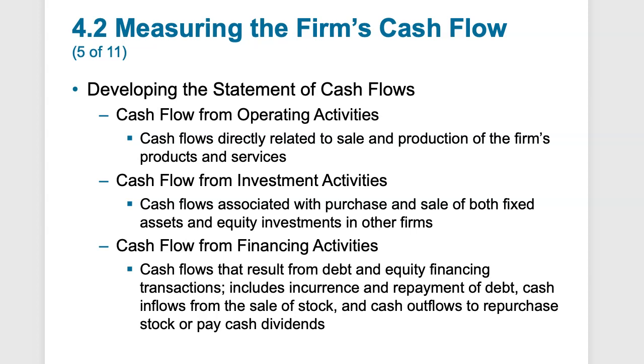Now, a very critical financial statement that we want to look at is the statement of cash flows. So in this statement, we're going to look at cash, and we're looking at the direction of cash. Is it coming into or out of the company? And we can break this up into 3 distinct areas. We have cash that comes from the business activities, which we call cash flow from operating activities.